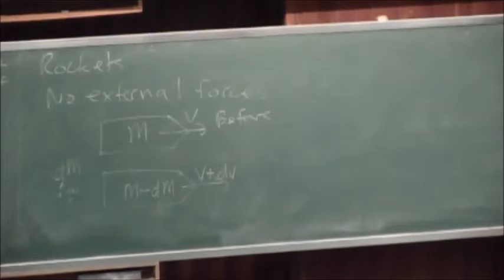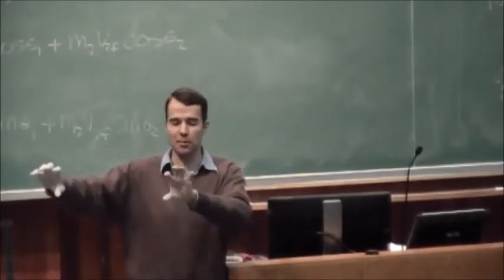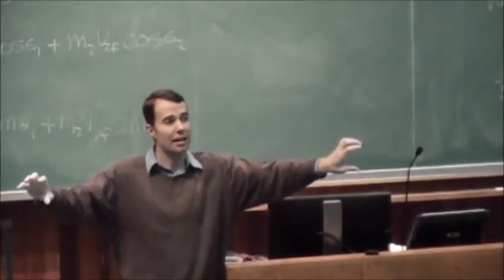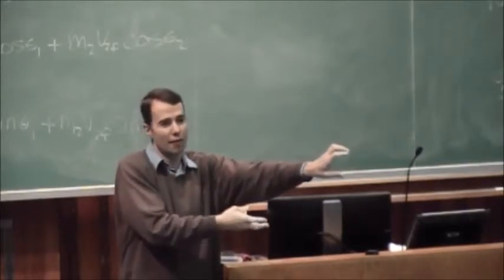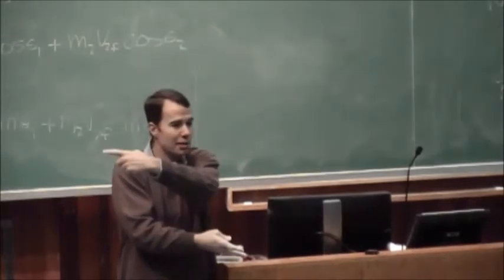Let's say this rocket is moving at 10,000 meters per second, and the fastest propellant you can get for a rocket, I'm not a rocket scientist, but I think is about 4,000 meters per second. So if I'm moving at 10,000 meters per second and I'm discharging this at 4,000 meters per second, what is the speed of the discharge relative to a stationary frame? It's still moving at 6,000 meters per second.